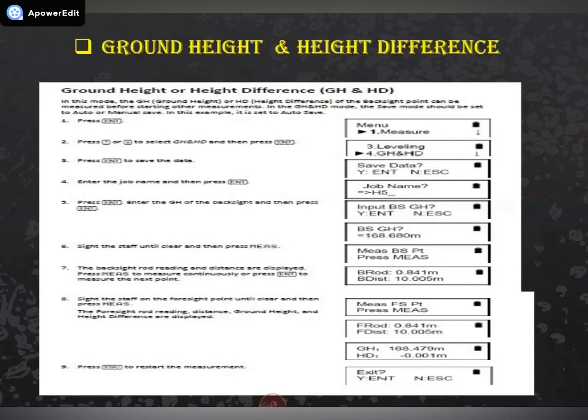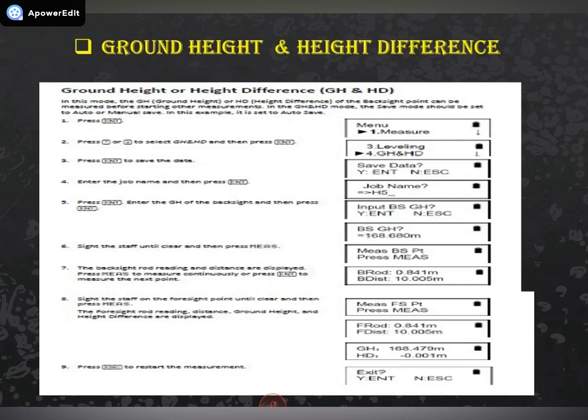At first, for making this ground height, we need the RL of that point. We calculate the RL from the BM, or you can say TBM, temporary benchmark. BM means benchmark.